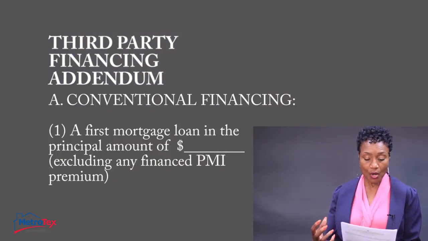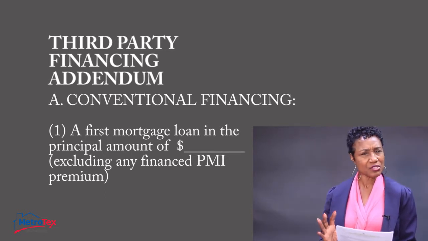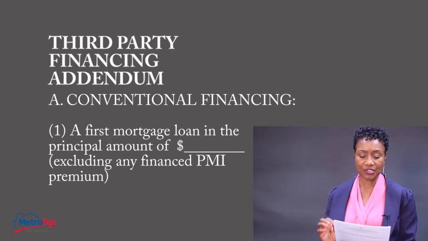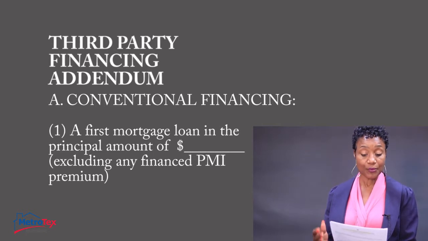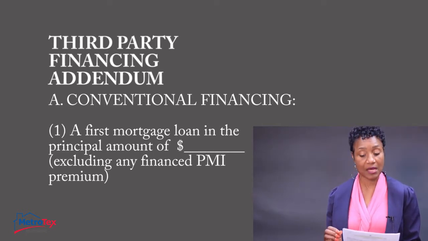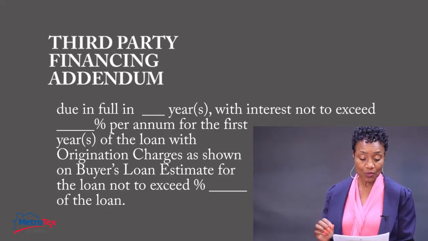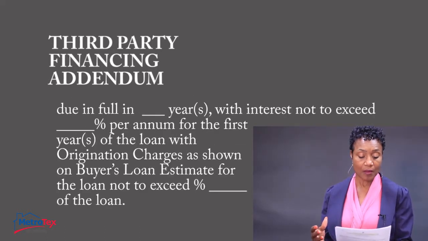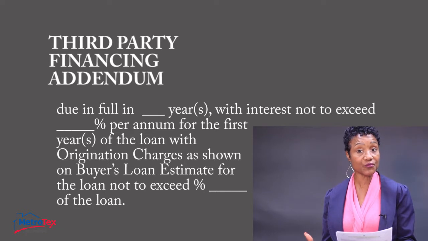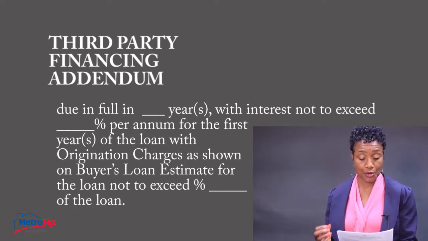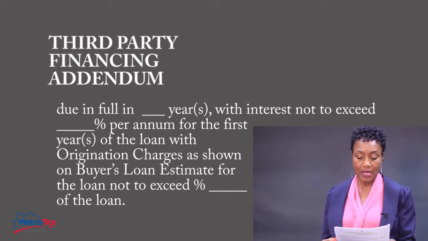And for the most part, all of them will pretty much look the same, but we're going to start out with this one, making sure that the principal amount should be the amount from paragraph 2B of the contract. And then when we talk about the for the first X number of years, that's generally 30 years in that paragraph.